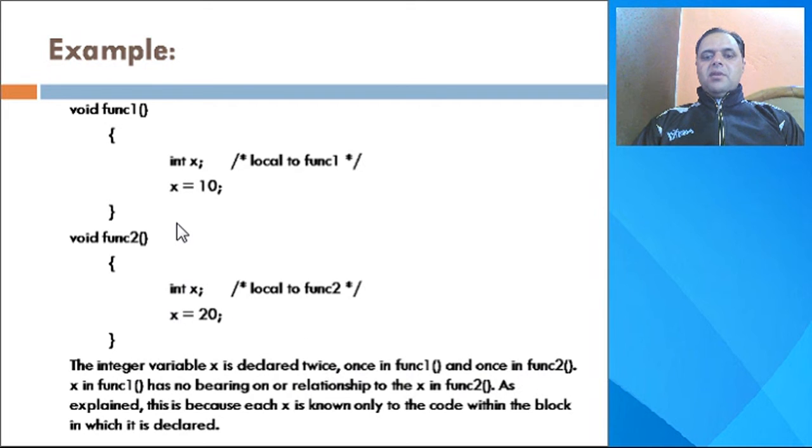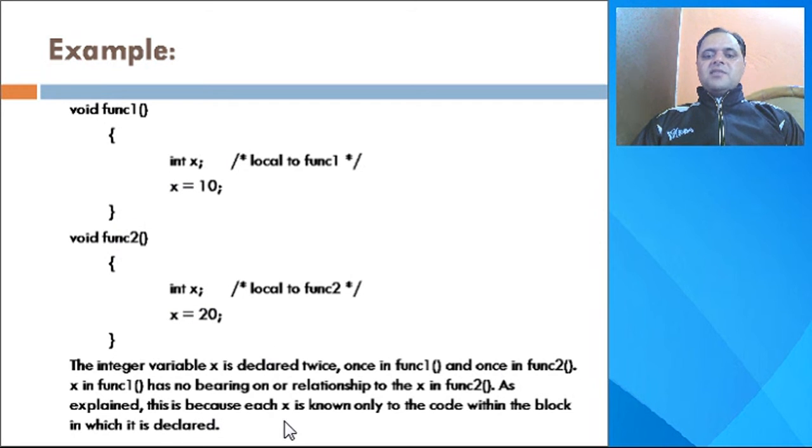So x in function 1 has no bearing or relationship to the x in function 2. I have declared x here in function 1, so it does not affect this function. This variable x is different because it is destroyed when the control goes out of this block.